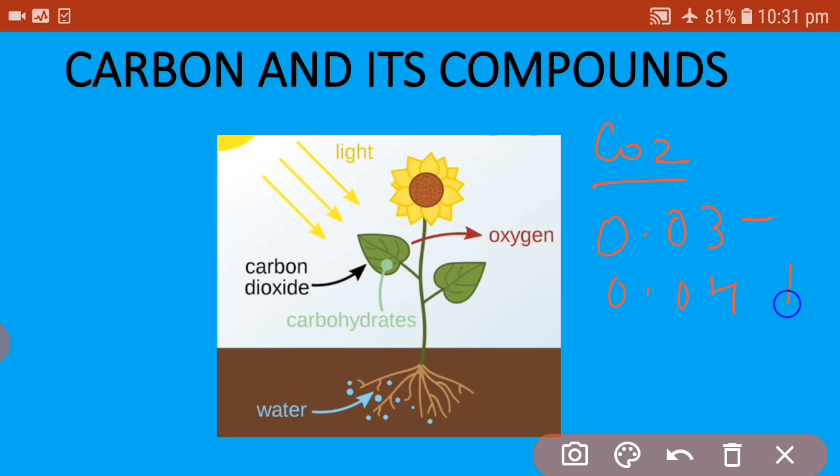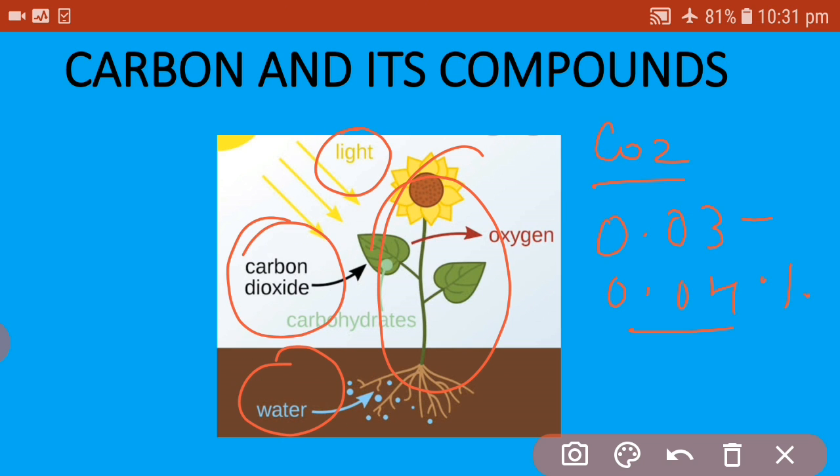0.04 percent, and this carbon dioxide is made use of by plants in the presence of sunlight, water and carbon dioxide. It produces starch, which is a carbohydrate, and oxygen is liberated, and this mechanism we call photosynthesis.